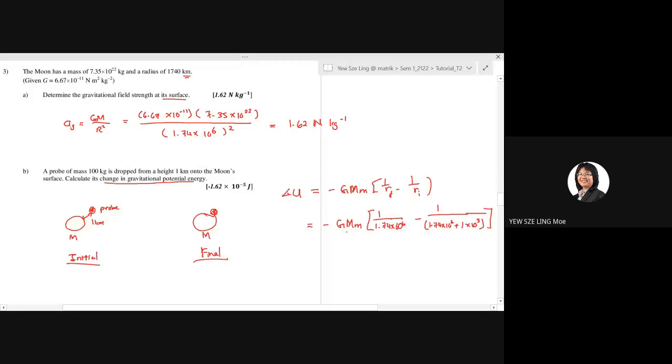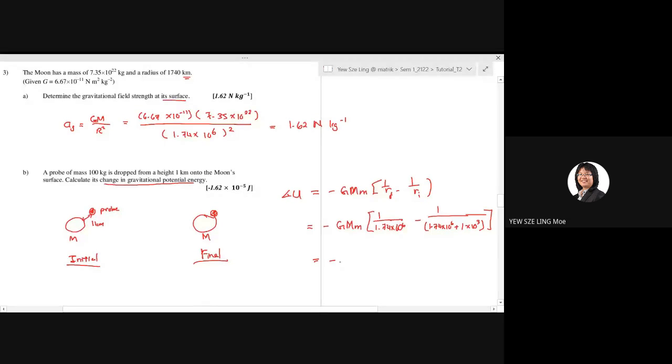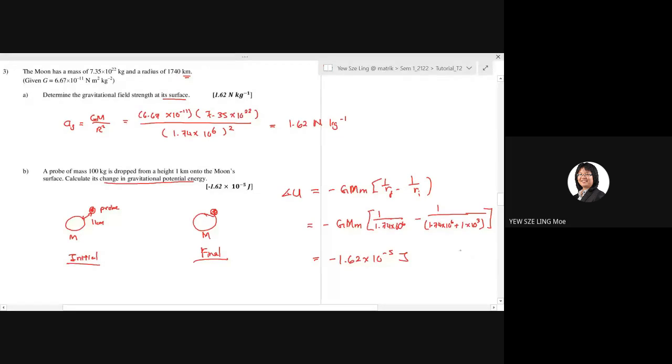So you plug in the value, the mass of the moon and the mass of the probe. Eventually, you will obtain negative 1.62 times 10 to the power of negative 5 joules. All right, so this is the answer for question B.